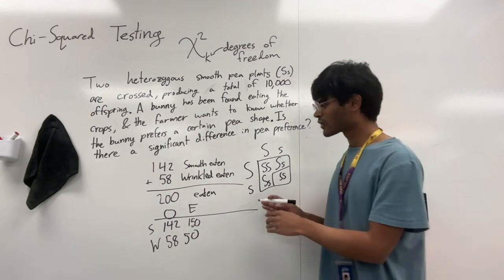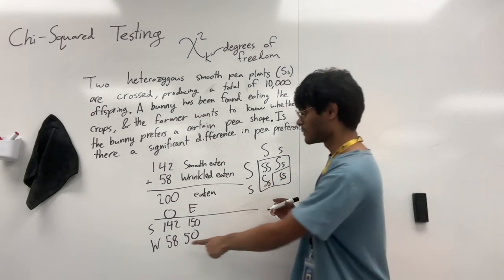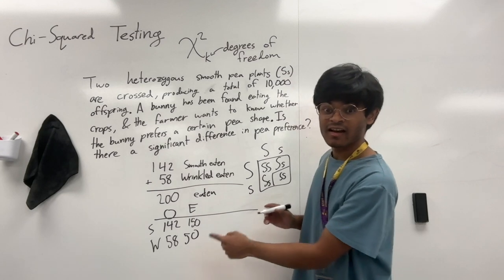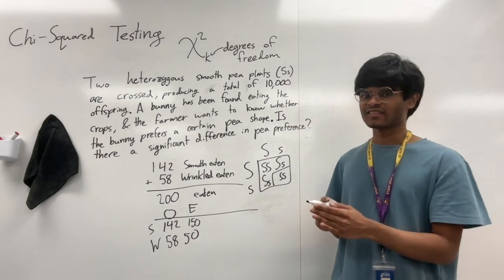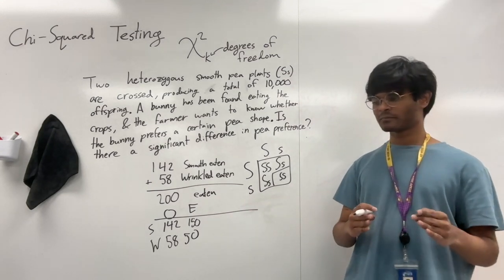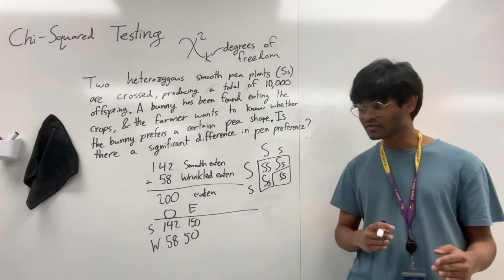Now, it already looks like the bunny prefers wrinkled plants. But how do we know that that's a statistically significant difference? That's what chi-squared testing tells us.